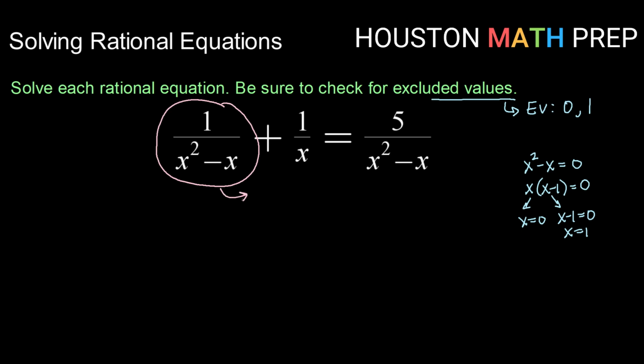So I'm going to move it over by subtracting, and that's going to leave me with 1 over x equals 5 over x squared minus x minus 1 over x squared minus x. Because on my right-hand side these two fractions have exactly the same denominator, I can combine them by keeping that denominator and combining their numerators. So 5 minus 1 becomes 4.